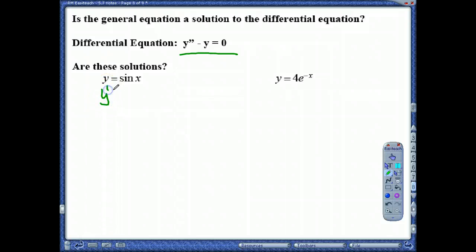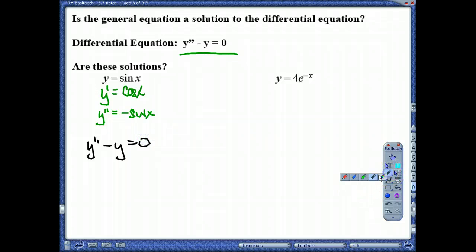So I've got y prime is going to be cosine of x. The derivative of that, y double prime, is negative sine of x. And then you just plug it in. So where we have our y double prime minus y equals 0, I'm going to plug in my second derivative right there.